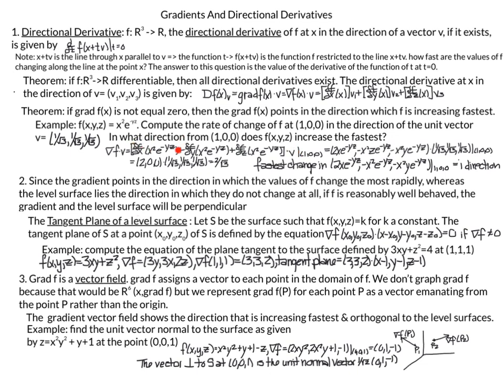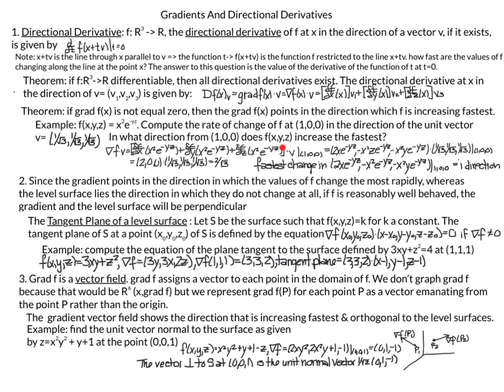The derivative with respect to x would be 2x, and then e to the minus yz is just a constant. The derivative with respect to y: x squared stays as a constant, and then you add a z component, so we have minus x squared z e to the minus yz.